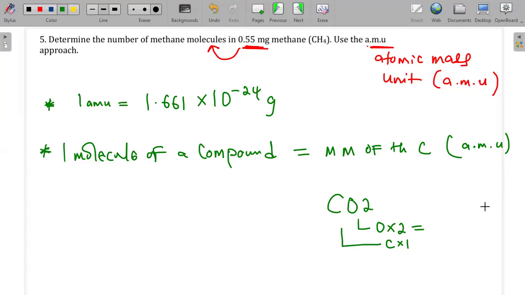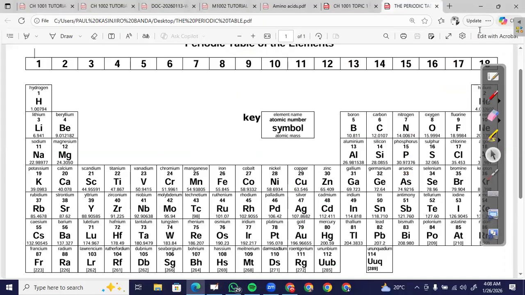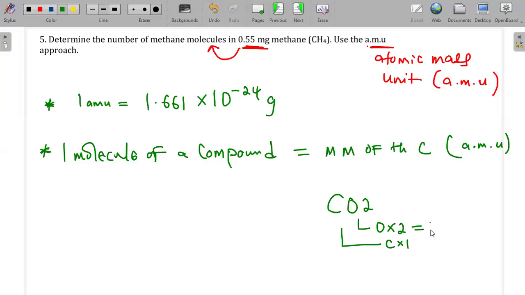Then I go on the periodic table and get the atomic masses for these. The atomic masses are the numbers that are below there. For oxygen, it's 15.999, which is usually just rounded off to 16. So this would be 16 multiplied by 2, then I'll get 32. Then for carbon, it's 12.01.